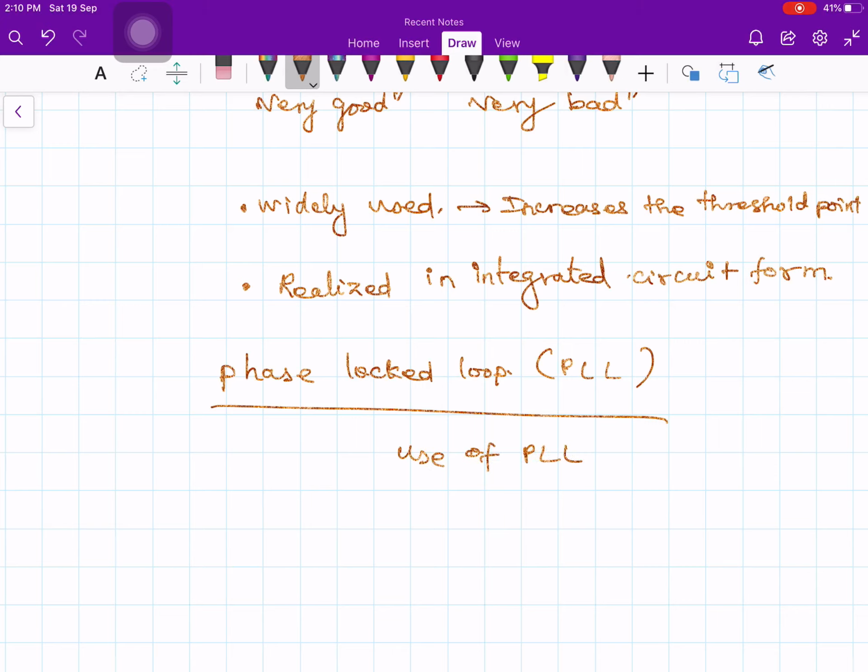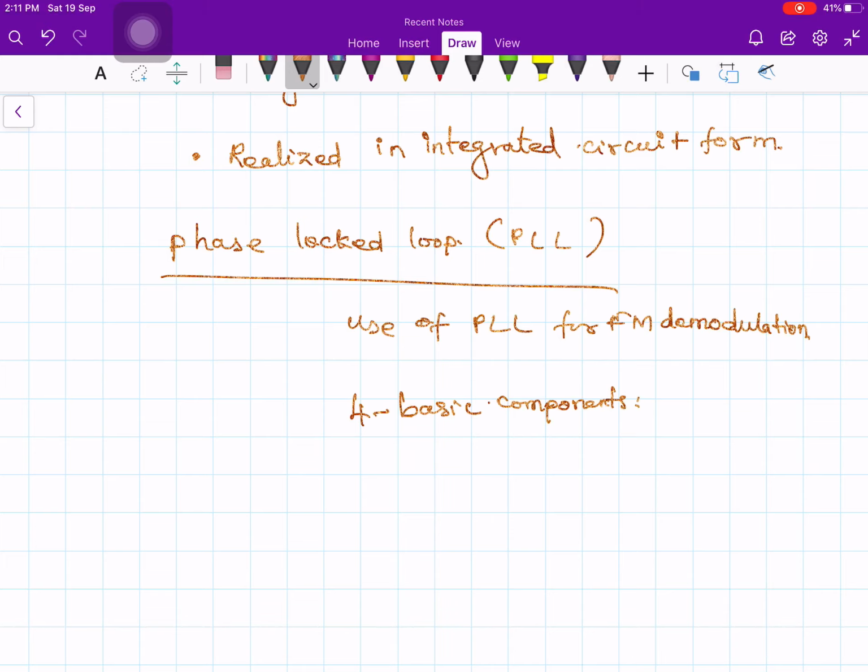So the PLL has 4 basic components. We will discuss why we call it by this name, phase locked loop, a little later, nothing to worry. So first we will describe what it is.